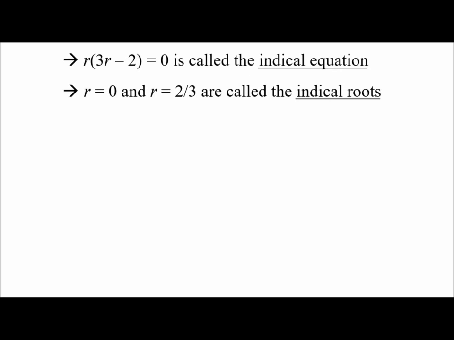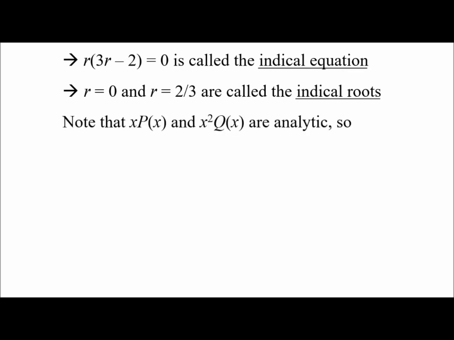Remember how we said that p of x only has x at most once in the bottom of p and at most twice in the bottom of q. Well, if x is there at most once in the bottom of p, doesn't that mean that multiplying p by x, now suddenly there's no more x's on the bottom?